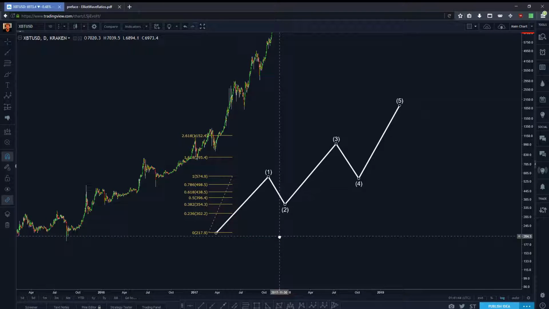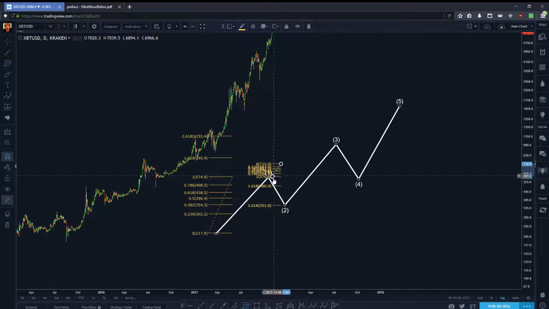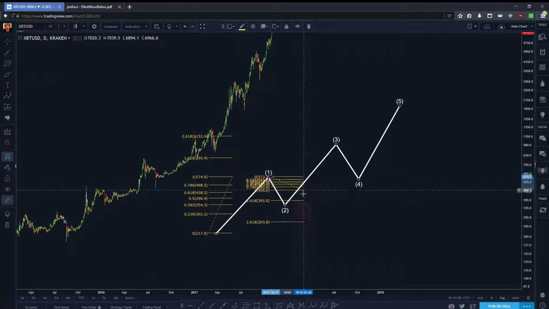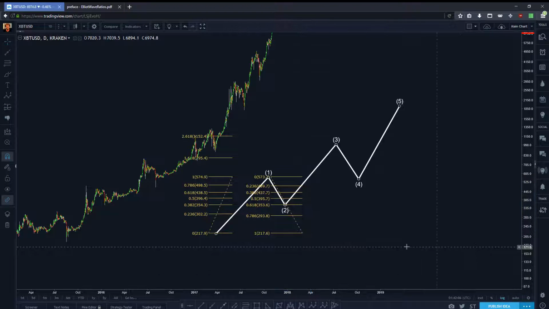When I'm looking for wave 2, the way to find it is to put a fib with 0 starting at the top and the base down at level 1, or the beginning of the impulse wave.